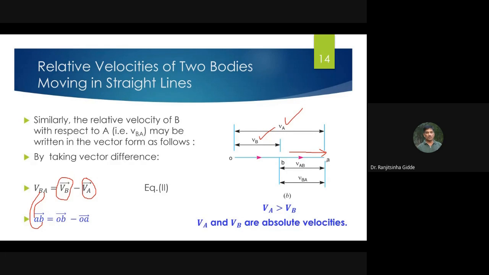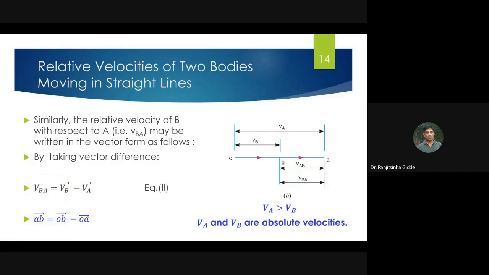So we are going to write here AB, and by this much quantity it is less as compared to this VA. So how to write that?